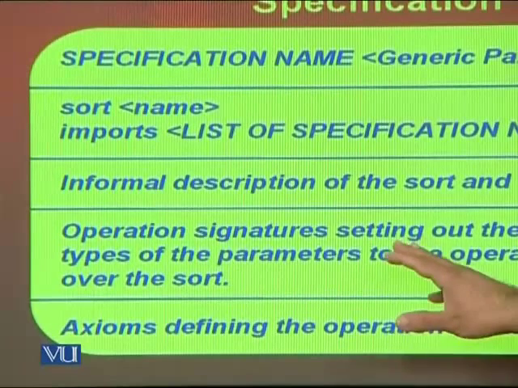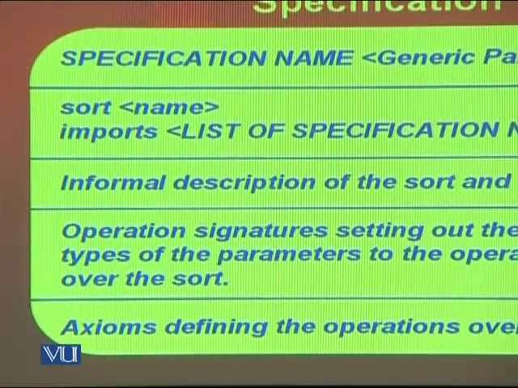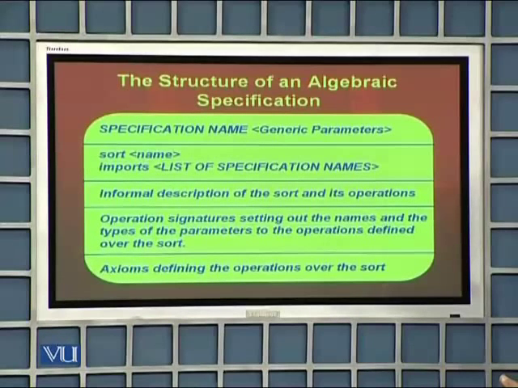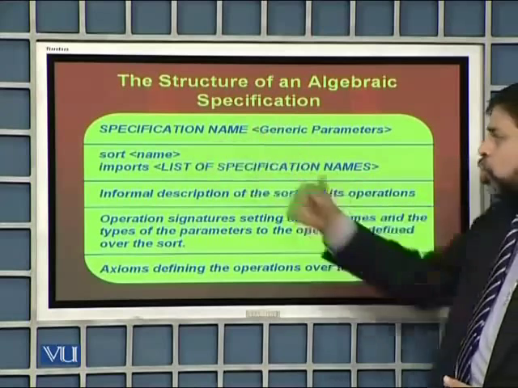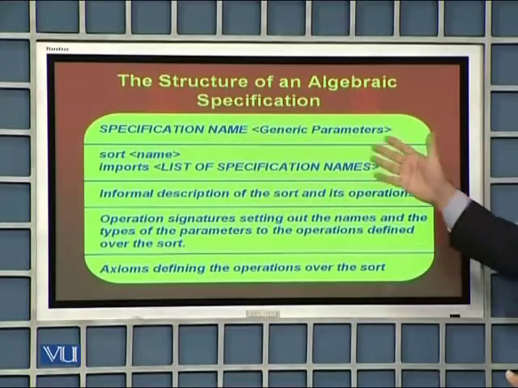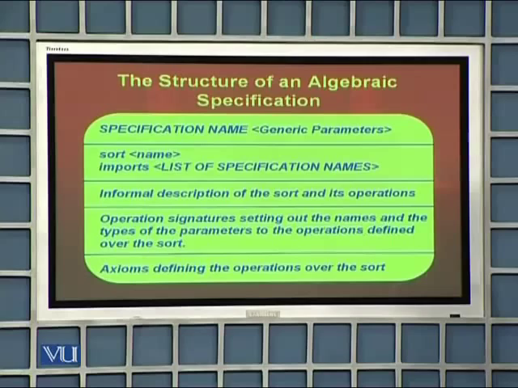Here we set out the names and the types of the parameters to the operations that we are defining over this sort for which we are giving this algebraic specification.